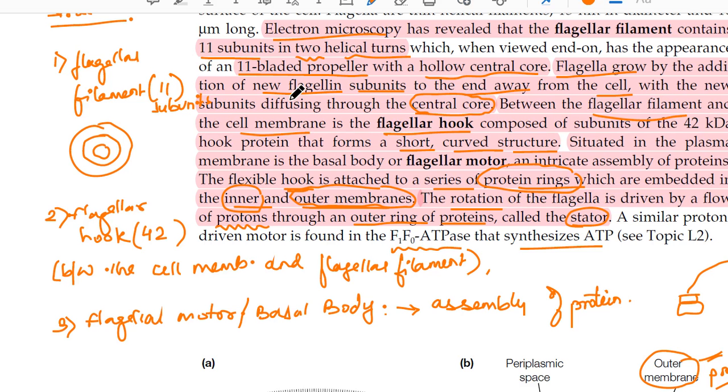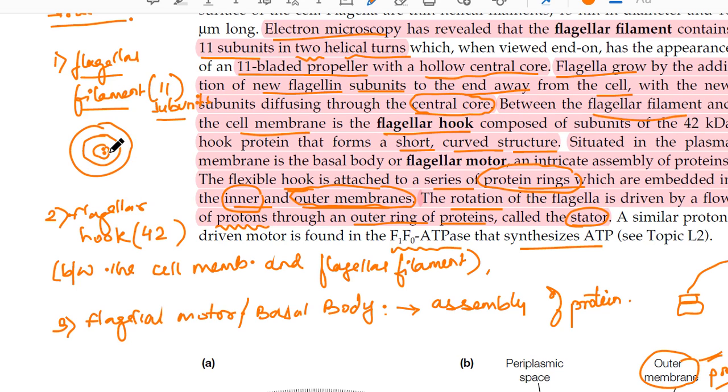So guys, once again let's revise the structure of the flagella. It has a flagellar filament, as you have seen in the structure. It consists of 11 subunits, arranged in two helical turns, and there is a central core. New flagellin subunits come out from the central core and are added to the helical turn to grow the flagella.